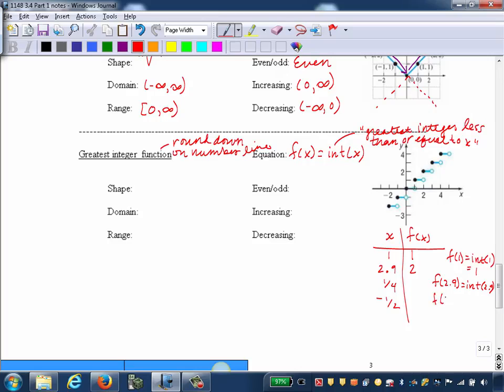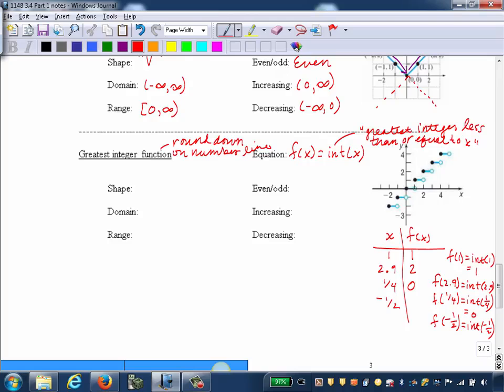Okay, then if I wanted f of 1/4, I want int 1/4. I want the greatest integer that's less than or equal to 1/4. Well, 1/4 falls between the integers 0 and 1. I round it down to 0. And then our last example, if I substitute in -1/2, I want int -1/2, the greatest integer that's less than or equal to -1/2.